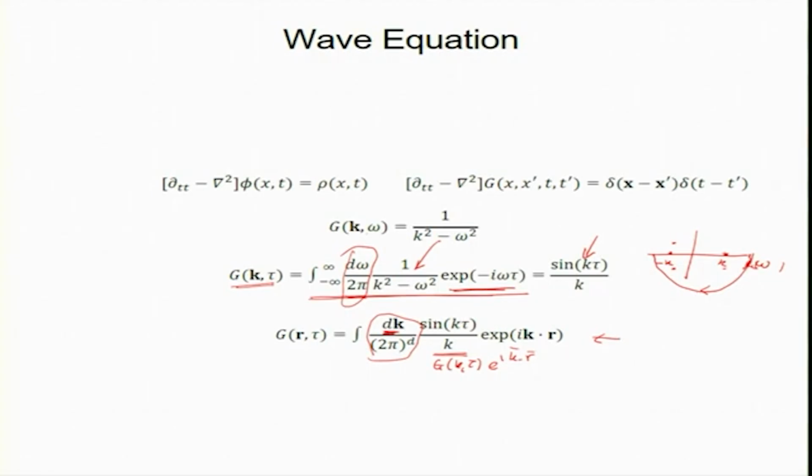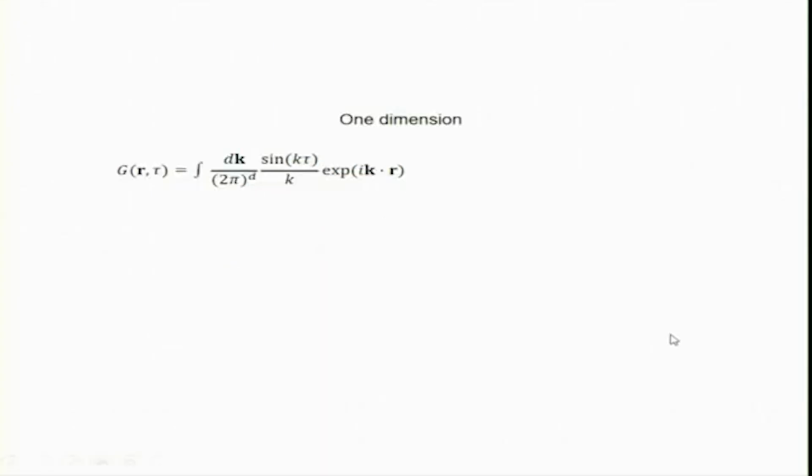So let us look at 1D first. Using the same formula, in 1D this exponential will be cos kr plus i sin kr. Now what happens to sin kr?